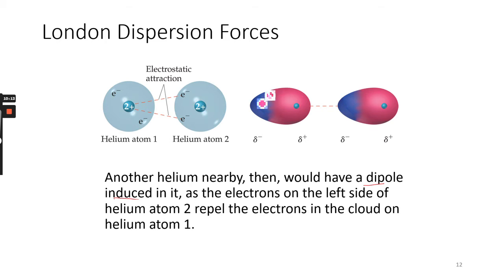Okay, and this is how we're showing it here. So another helium nearby then would have a dipole induced in it, and as the electrons on the left side of the helium of atom 2 repel the electrons in the cloud of helium 1, so it's going to push them away, so then you're going to have this electrostatic attraction here, which is called London dispersion.